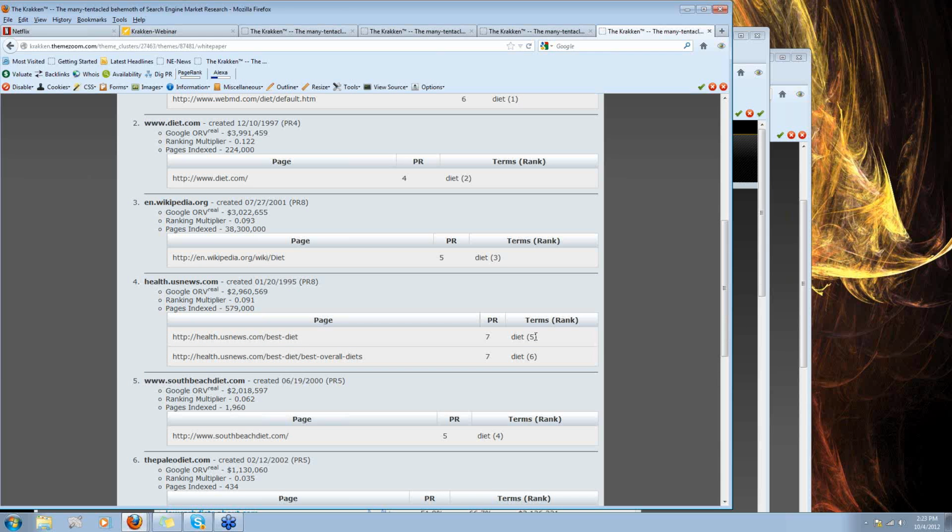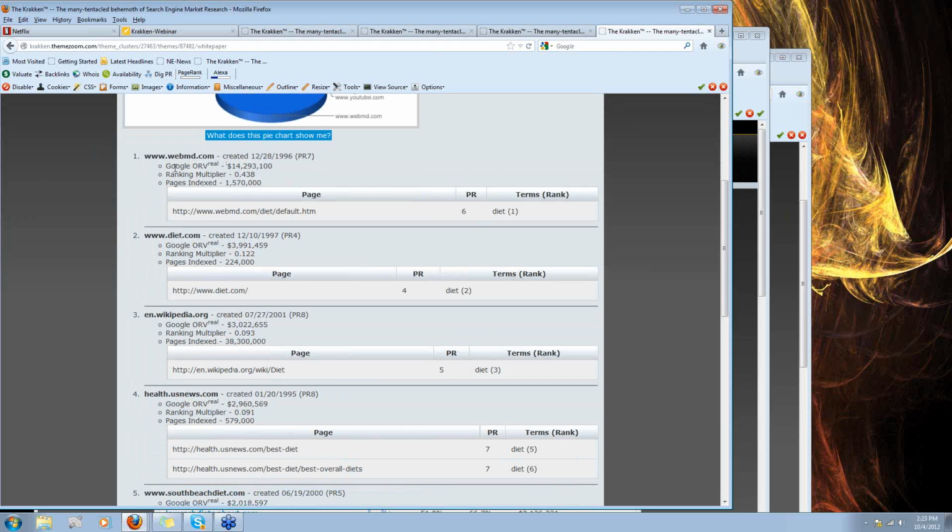So they're ranked in position number 5 as well as position number 6. So let's come back up here to the number 1 position, WebMD. This gives you an overview of the domain itself. It's a 1996 domain, and the home page on it is a page rank 7.